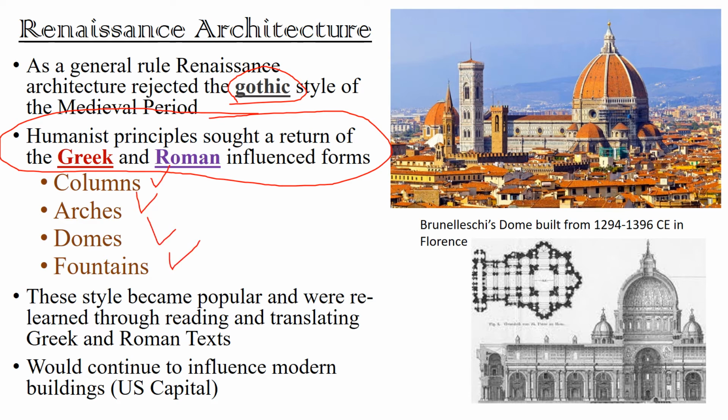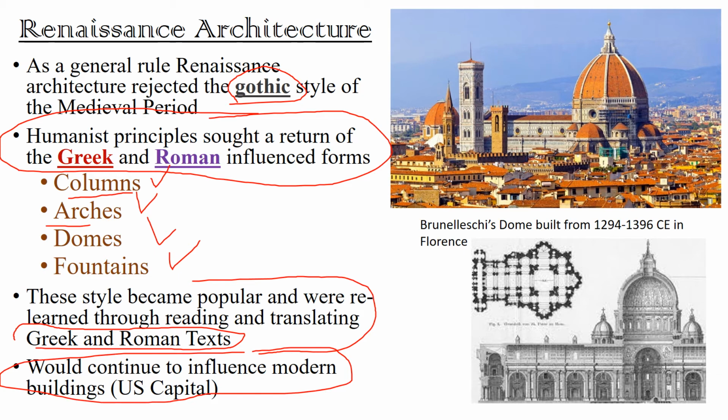And yes, Gothic architecture also includes arches and columns, but they were in a Gothic style. This is going to be a return to a more classical Greek and Roman style. These styles became popular because, again, of that rereading of classical Greek and Roman texts, and they would continue to influence modern buildings such as the US Capitol, the Reichstag in Germany, certain imperial styles of art in both France and Great Britain later on.